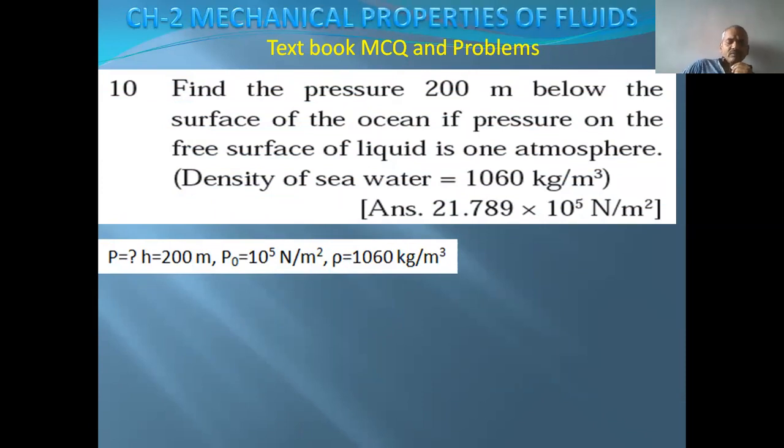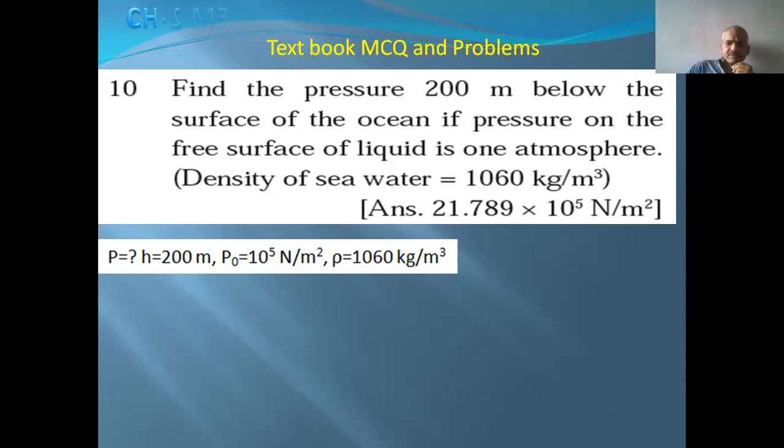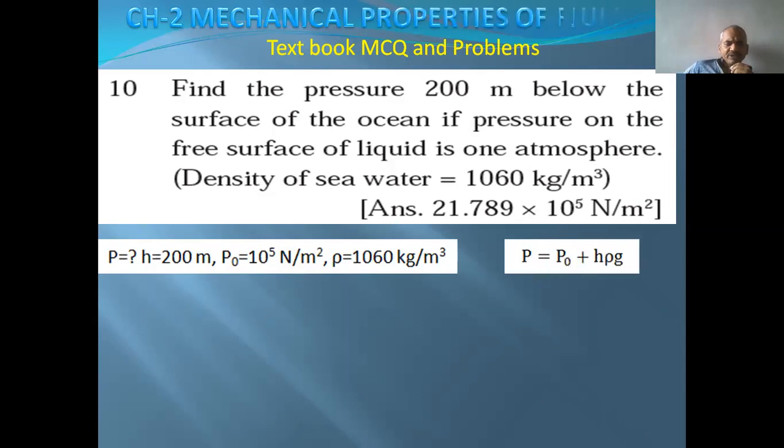Here the pressure over the free surface is the atmospheric pressure, and 1 atmosphere is equal to 10 raised to 5 Newton per meter square. Therefore P0 is equal to 10 raised to 5 Newton per meter square. They also gave the density of sea water, rho, equal to 1060 kilogram per meter cube. To find out the pressure, we have to use the pressure due to the liquid column.